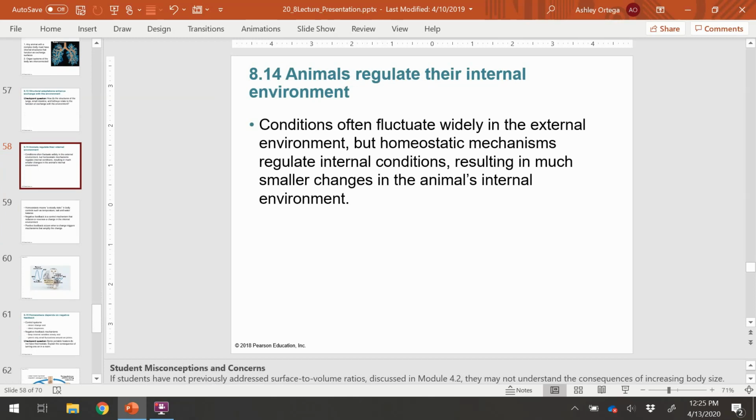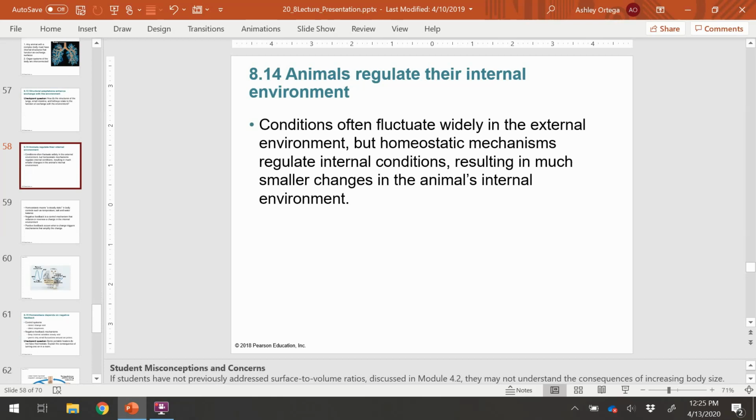So animals will regulate their internal environment. Most of them will have certain things that they regulate. Others will not regulate their conditions, such as your reptile animals. They don't regulate their own body temperature on their own.